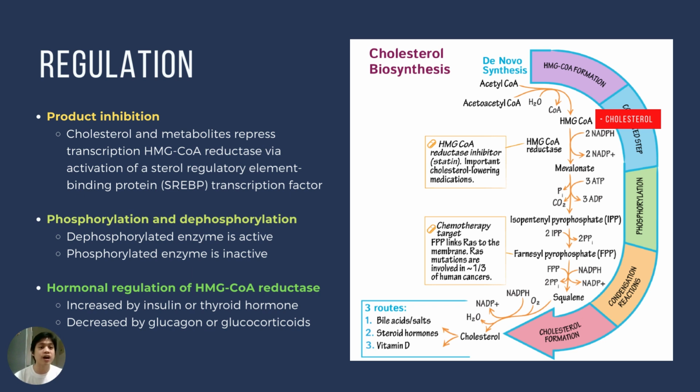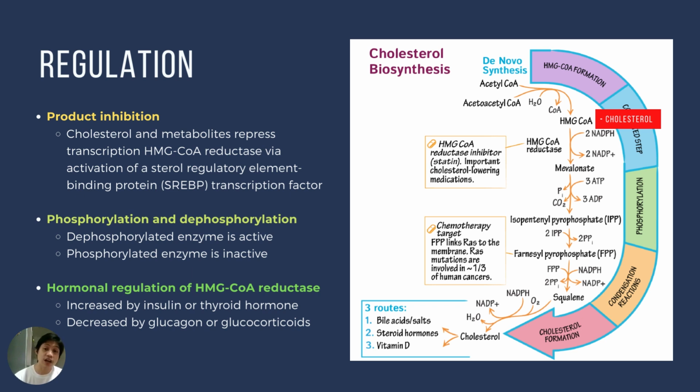We also have enzymatic regulation. We can either phosphorylate the enzyme, which makes it inactive, or dephosphorylate it using a phosphatase, removing the phosphate group, making it active. Or we can regulate the activity of the rate-limiting enzyme through hormones.